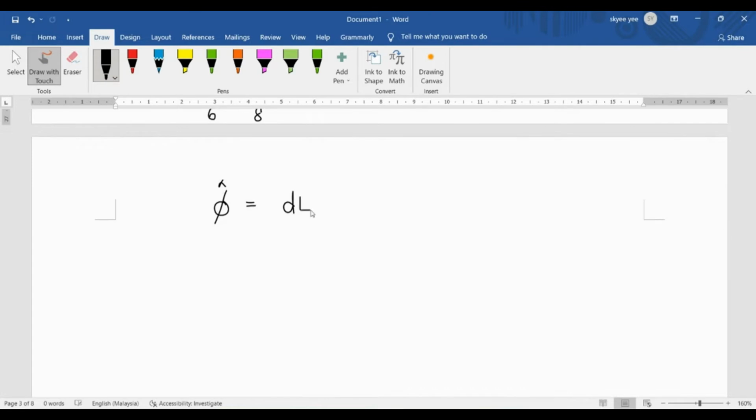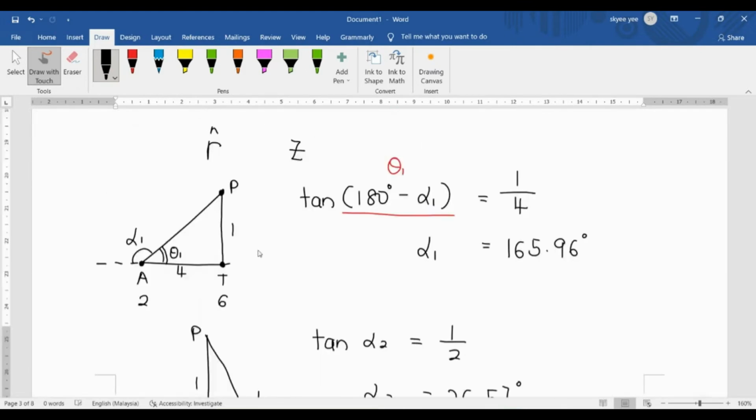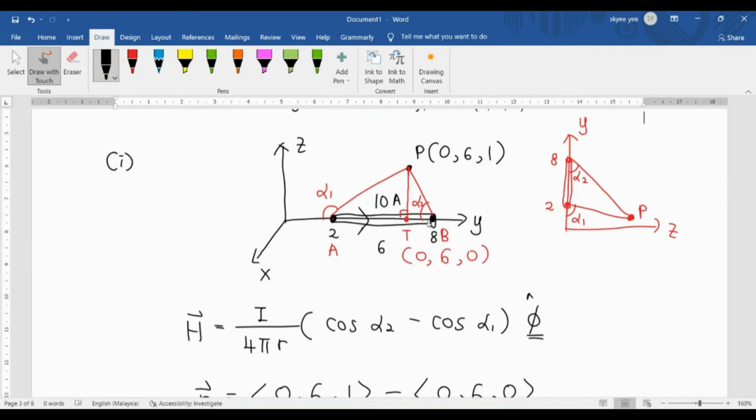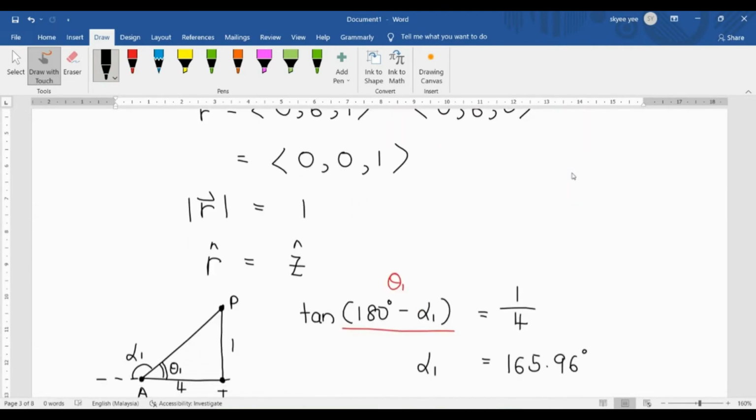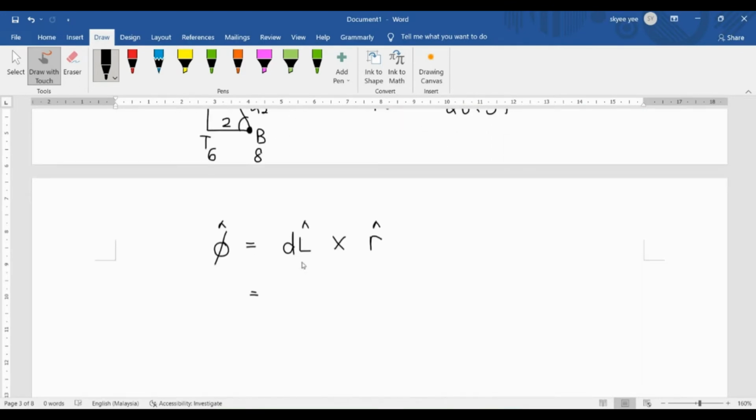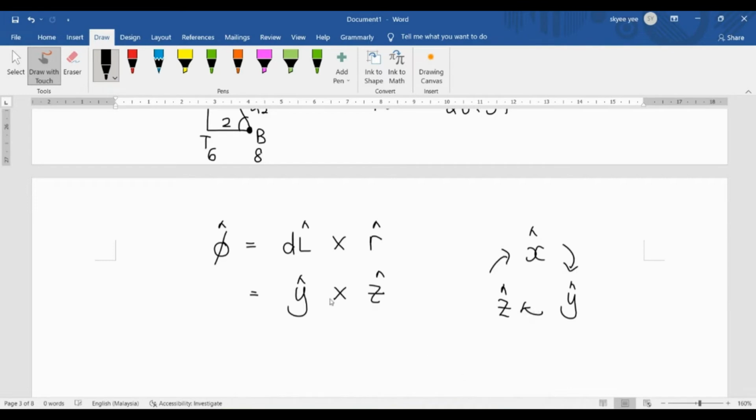It equals the direction of the current flowing, cross product with the unit vector R. In this case, your current flows in the positive Y direction, and your R is Z. So Y cross Z, you will get positive X, because you are following the direction of the arrows. This will be the direction of your magnetic field.